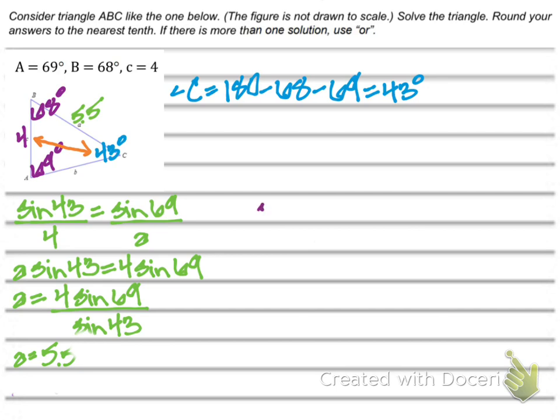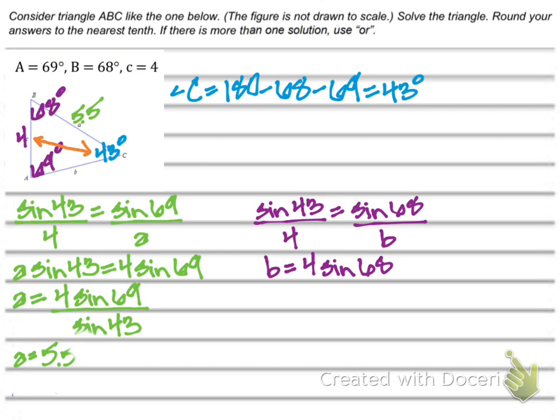So we'll say again that the sine of 43 over 4 equals, now I have the sine of 68 over B. So when I cross multiply and divide, I'm going to have that B is 4 sine 68 over the sine of 43.